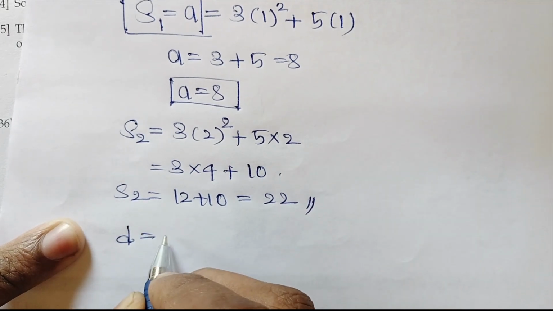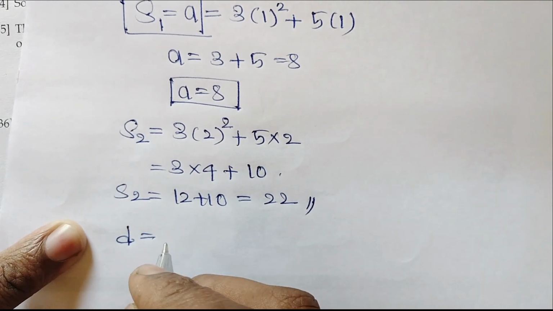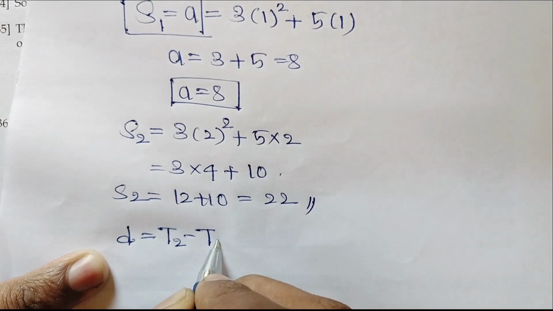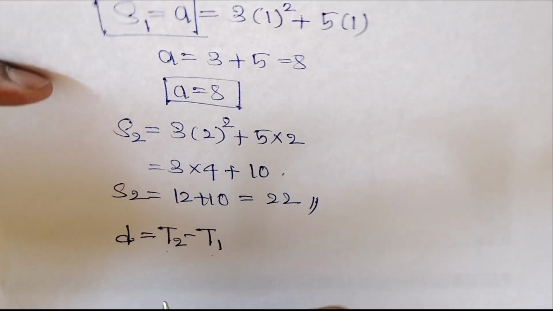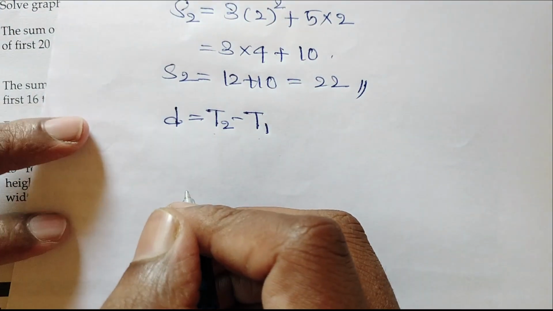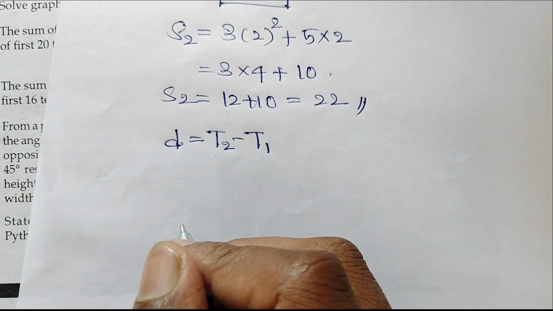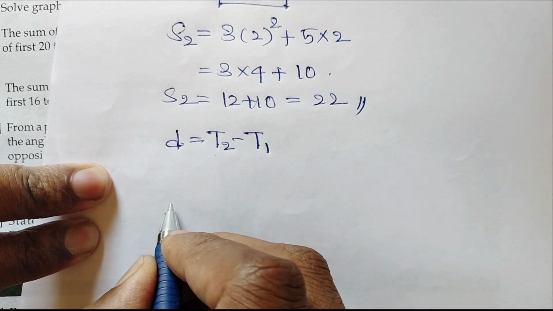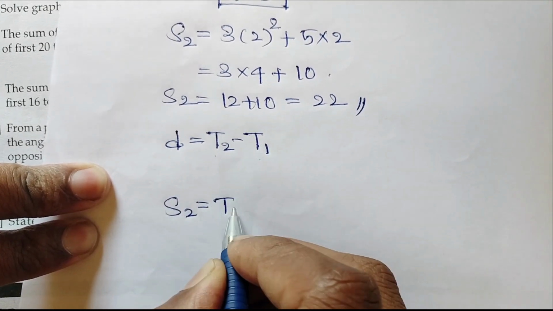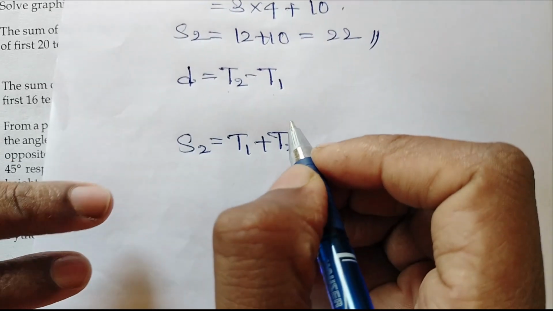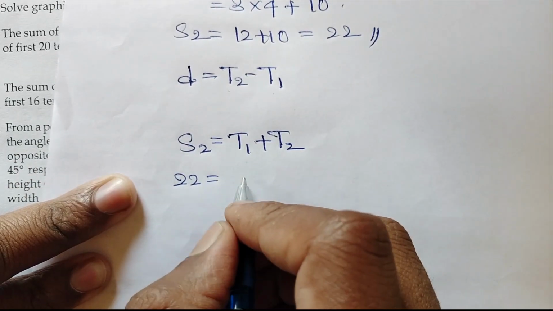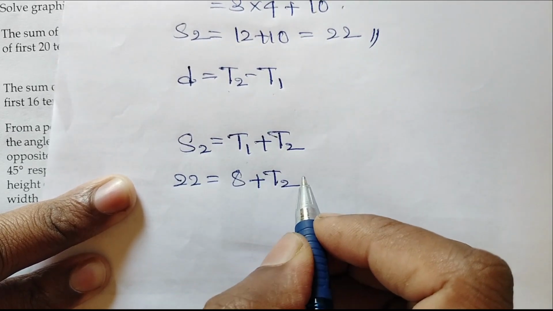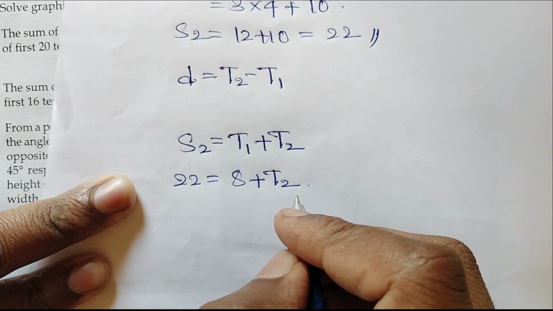So the difference becomes what? The difference is T2 minus T1. We know T1, but we don't know T2. For this we use S2 equals T1 plus T2, and S2 is 22, and T1 is 8, plus T2 which we don't know.